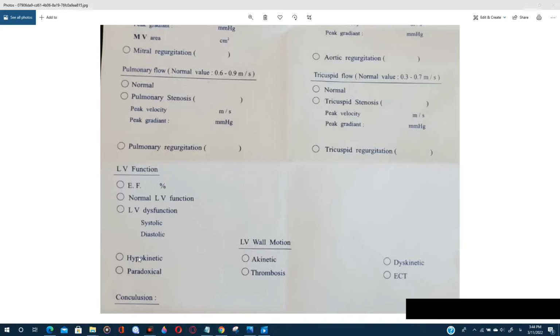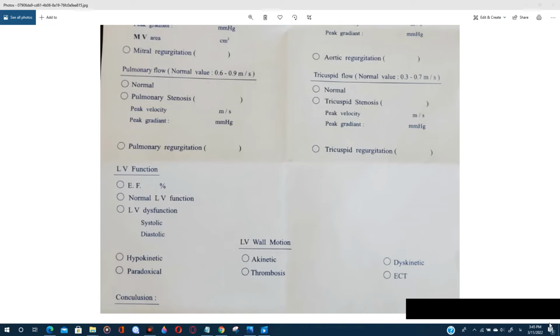There is hypokinesia in the septum, anterior wall, inferior wall, posterior wall, apex and anteroseptal, and maybe we have akinesia in the apex or inferior wall or posterior wall.